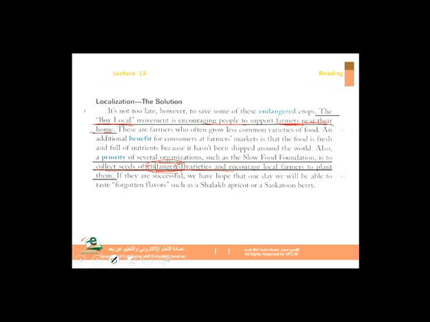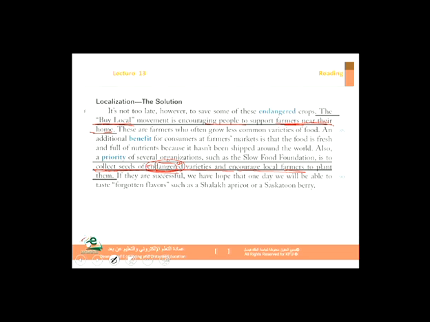So if you know someone who has an endangered variety of food, it can be any kind of fruit that is rare, that is on the path of extinction, then we collect these seeds and then encourage farmers to plant them. So that's another solution to the problem.